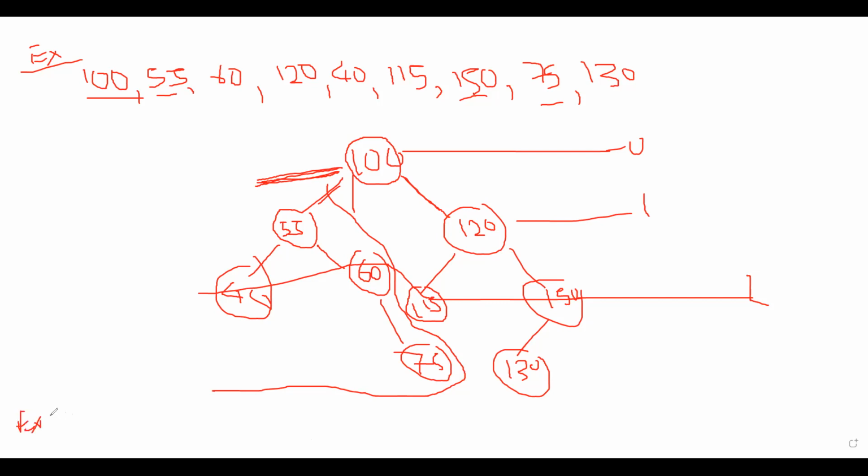So example 2. Write these down. The first value is 80, the second value is 70, 60, 95, 67, 120, 105, 50, 100.